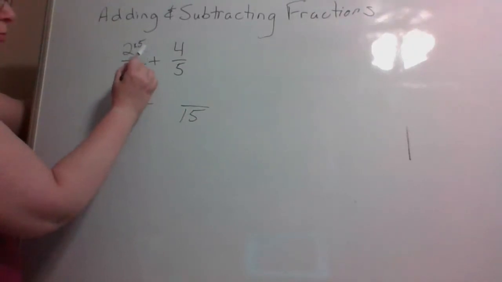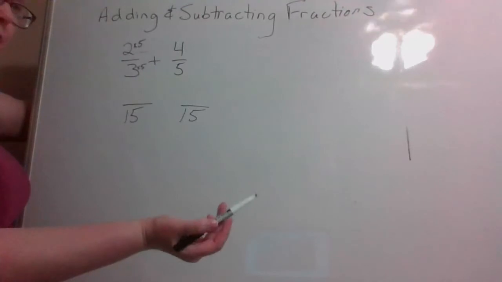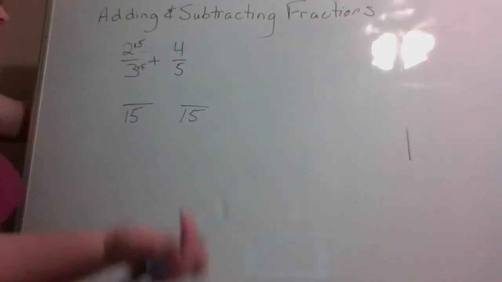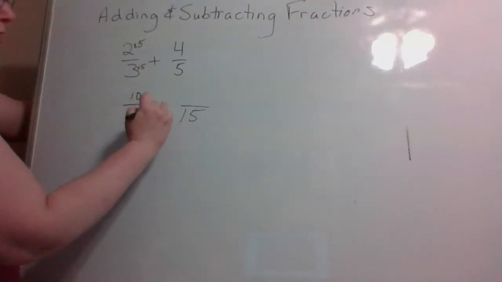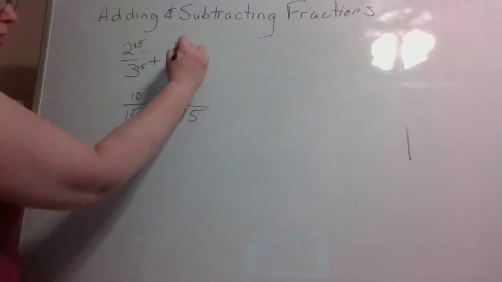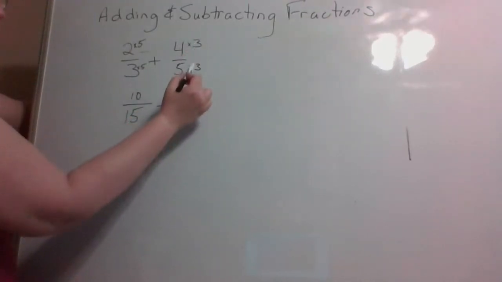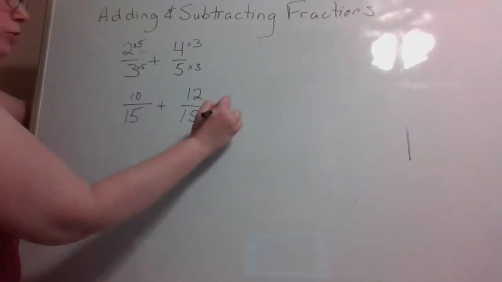So really and truly, we are multiplying by 5/5, which is 1, which the identity property of multiplication says we can legally do. So when we multiply that out, we get 10/15. Over here, to go from 5 to 15, we had to multiply times 3. Make sure I do that to my numerator as well, and I get 12.